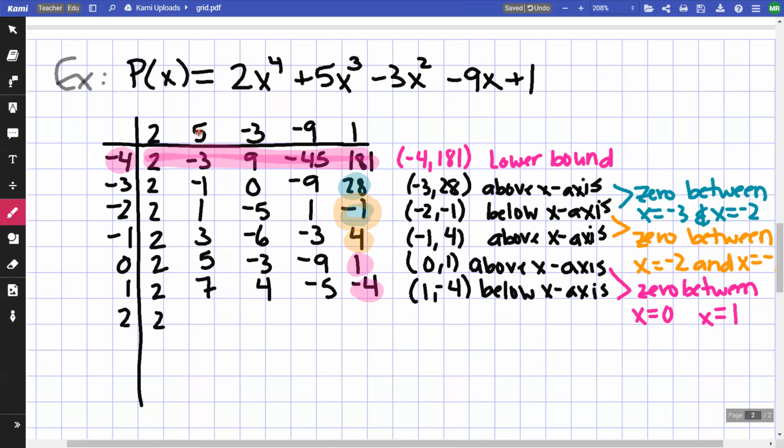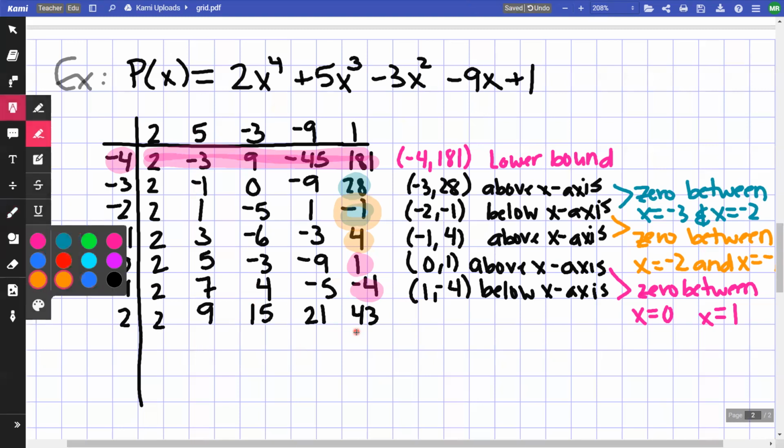I add it to 5. I get 9. 9 times 2 is 18. I add it. I get a 15. 15 times 2 is 30. I add it here. I get a 21. 21 times 2 is 42. I add it. I get a 43.